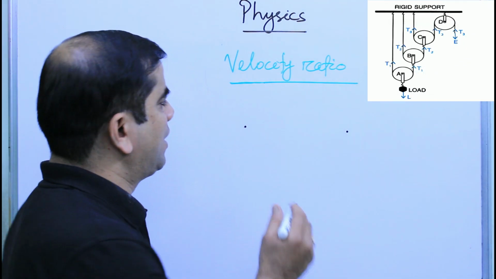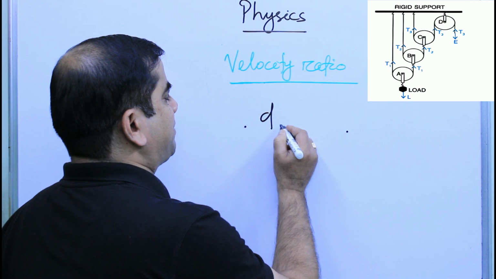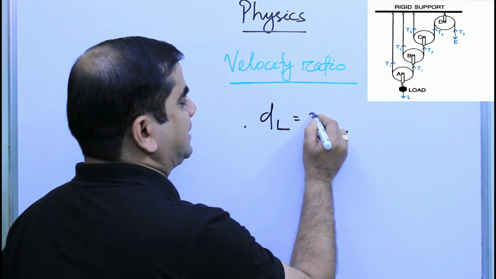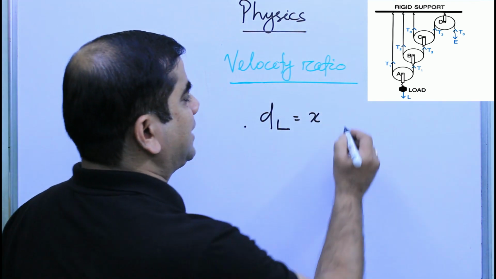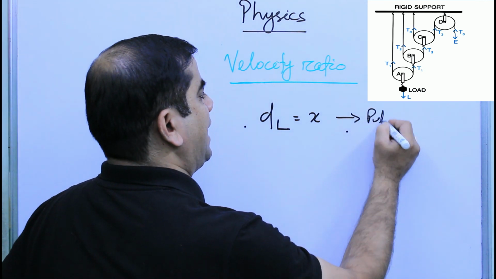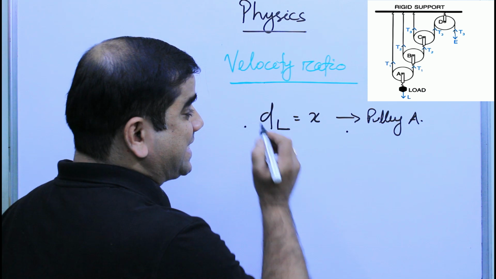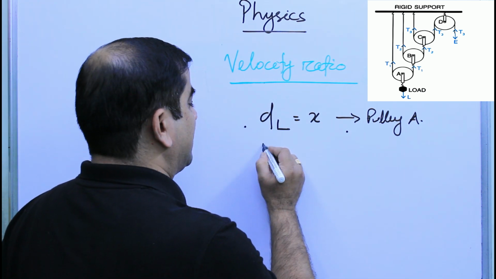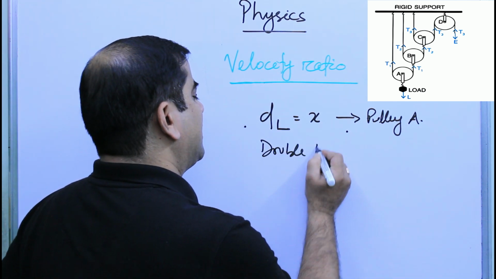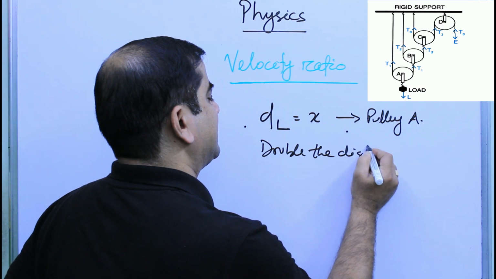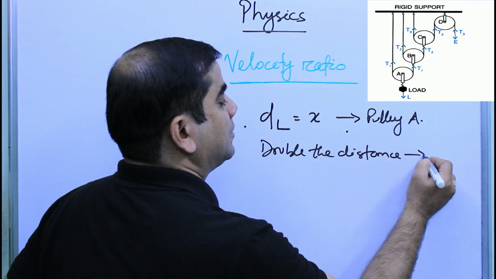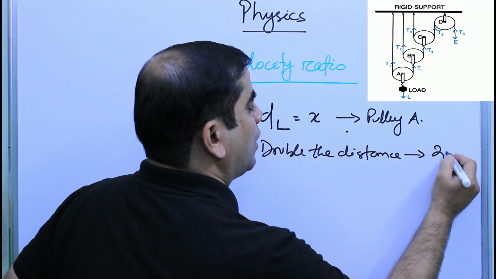That means if we take the displacement of load as x at pulley A, okay, so the string moves double the distance, that should be 2x.